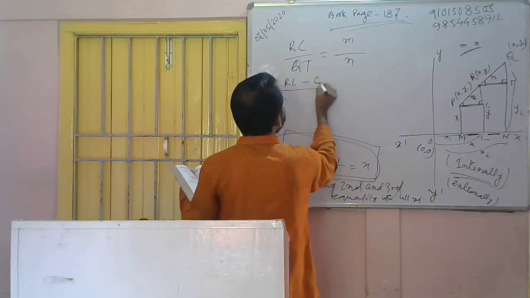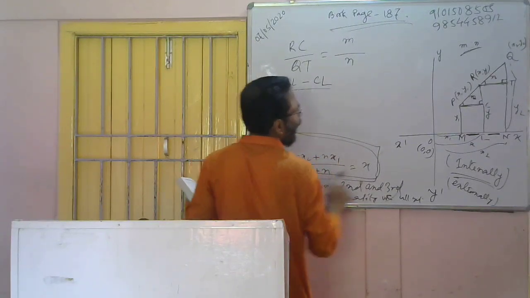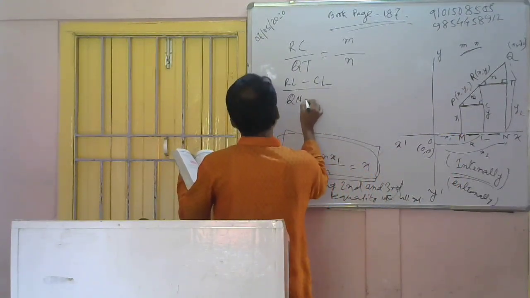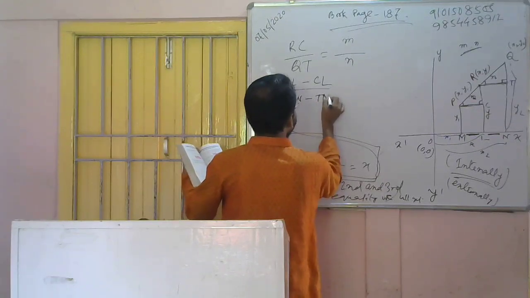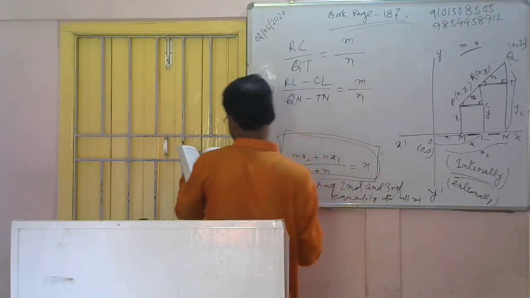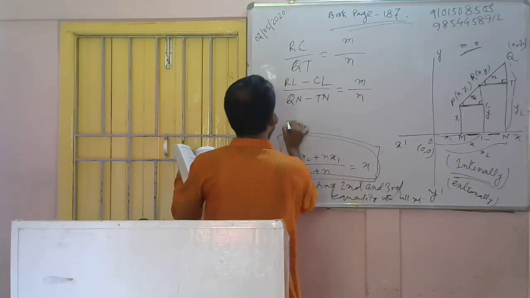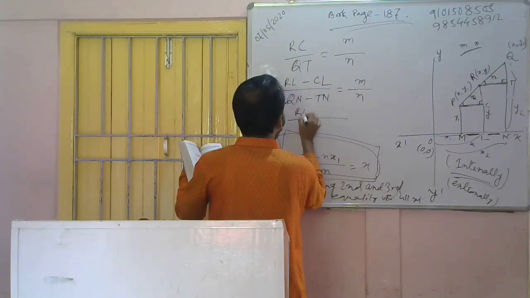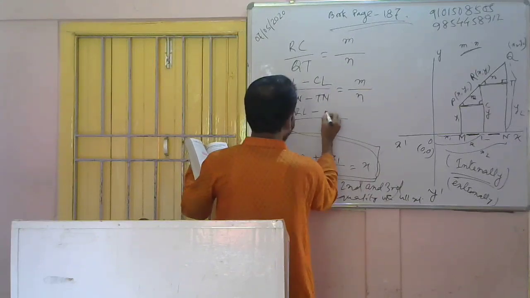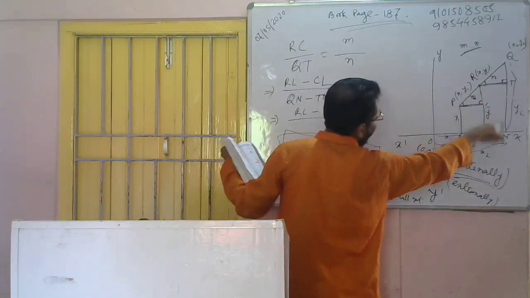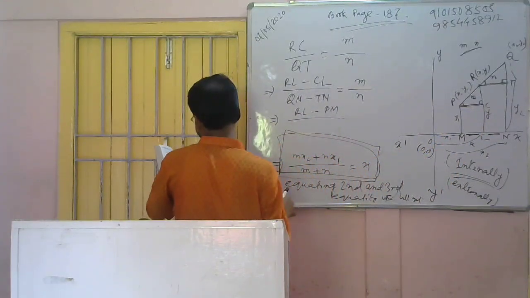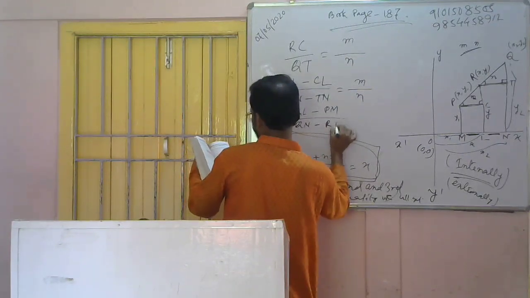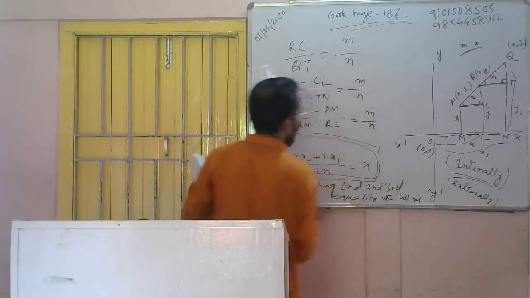So RL minus CL by Qn minus Tn is M by N. So M by N, therefore in place of CL we can write PM from the diagram, and Qn minus RL is equal to m by n.